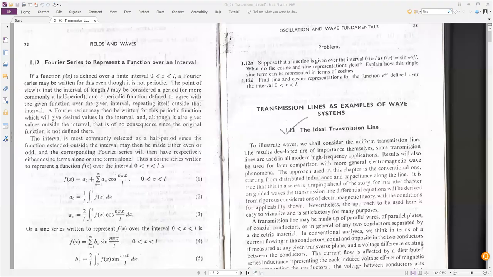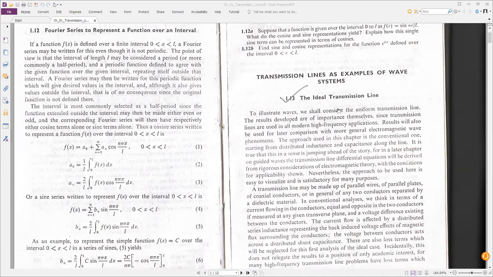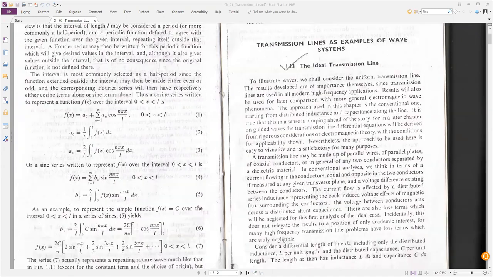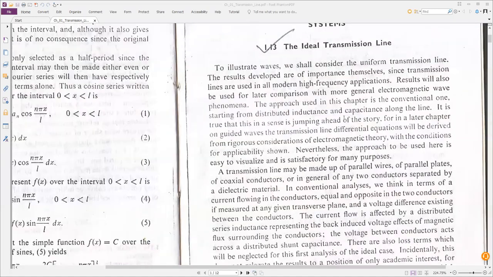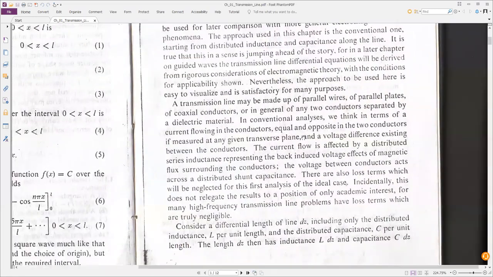Okay, so we'll start chapter 1, which is from the book of Simon Ramo, the ideal transmission line. First of all, we need to know what a transmission line is.